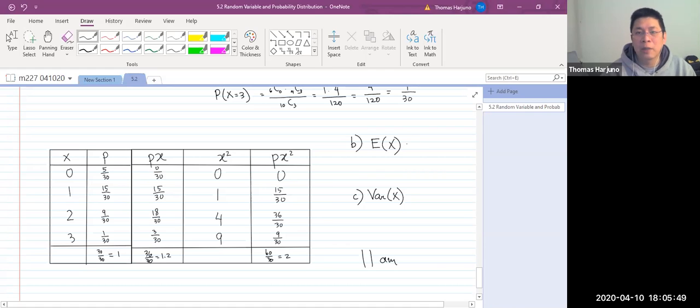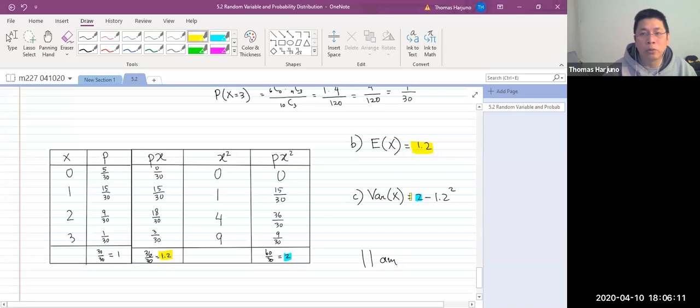Now then the expected value will be 1.2, comes from here. And the variance will be 2 minus 1.2 squared. The 2 comes from here.